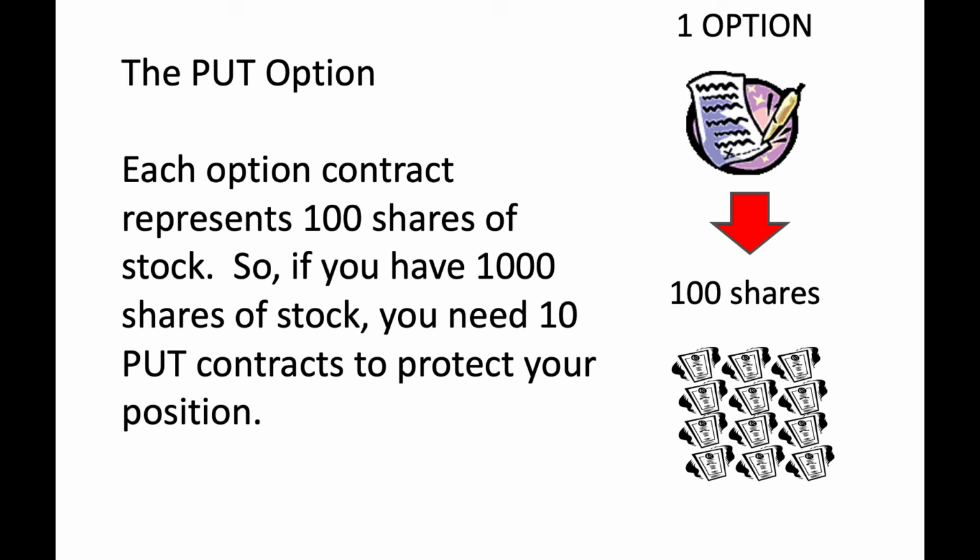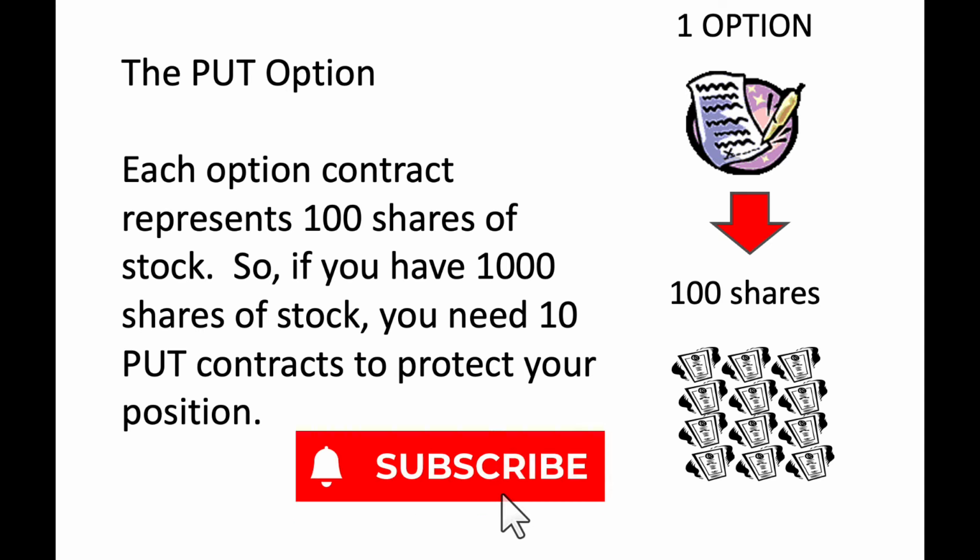All right, so remember, most options are going to be in this area where one option equals 100 shares. There are some one-off examples where a particular option is covering 125 shares, but we're not going to go there right now. I'm just giving you the basics, like I said.